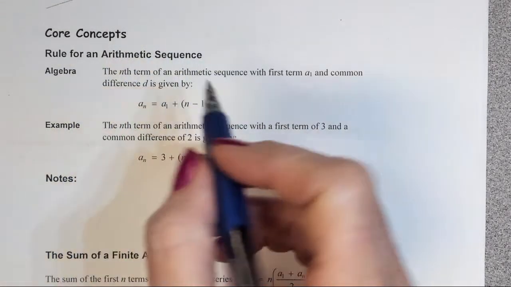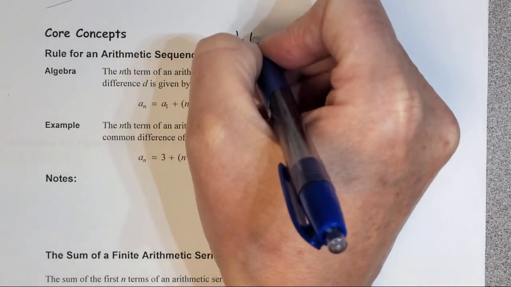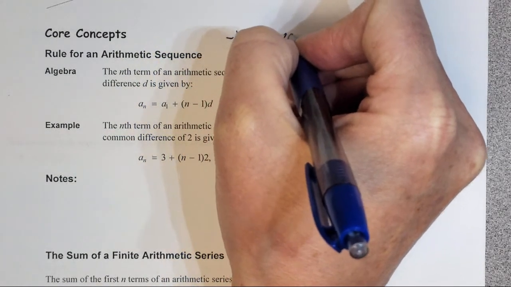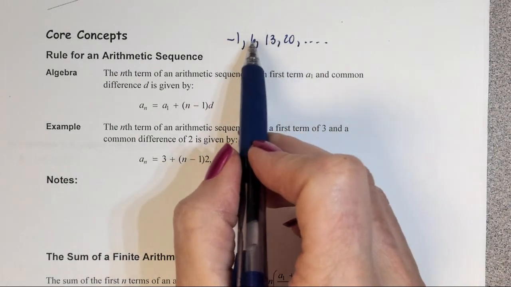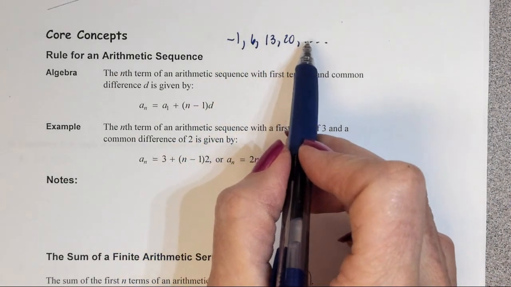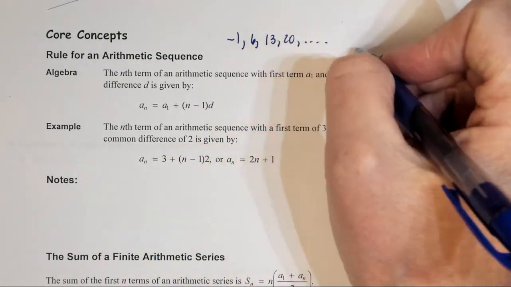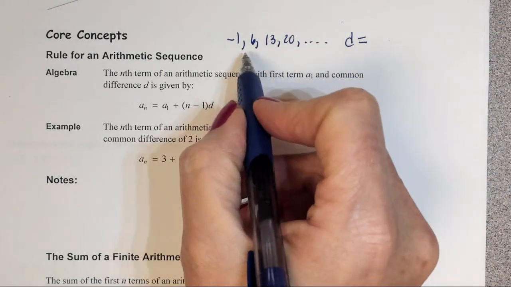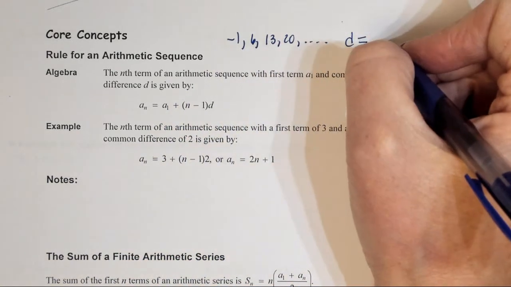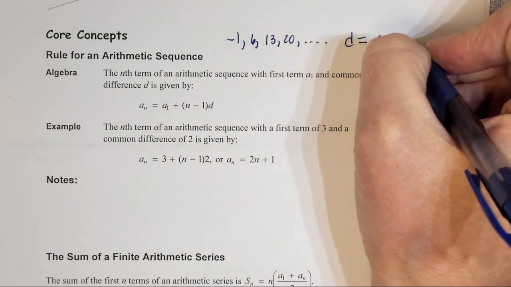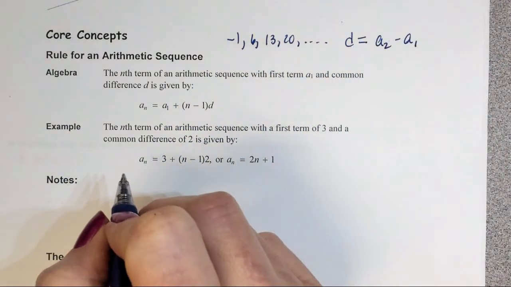So the first warm-up we had, this -1, 6, 13, 20, ... that's an arithmetic sequence. The reason why is because I'm adding on the same amount every time. D is going to be the subtraction of the second minus the first. So D is going to be a sub 2 minus a sub 1.